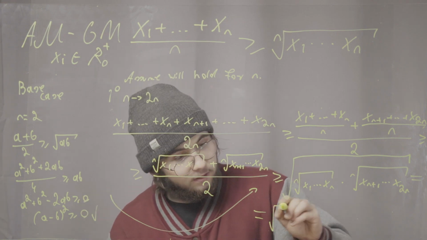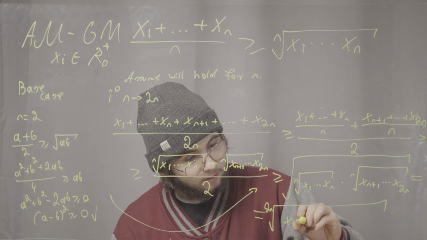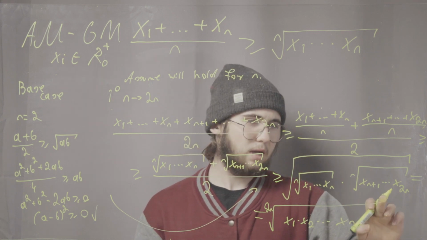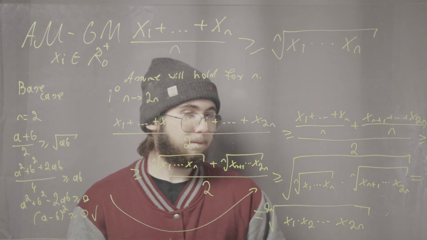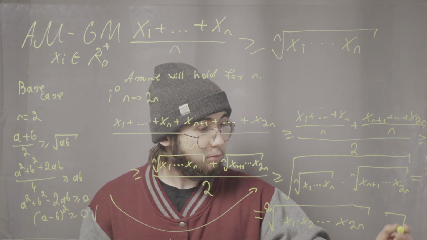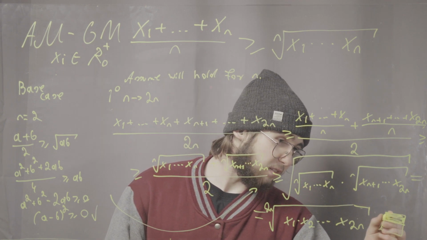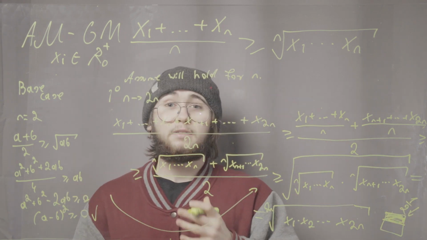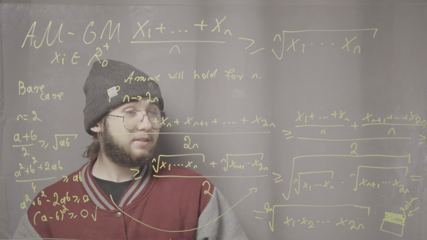Well, this is just the nth root of x1 times x2, and we are just multiplying stuff out, up to x sub 2 times n, and this solves our problem halfly. I wanted to mark something like a half. Nice. 1/2, because we still have to prove the statement for n minus 1.